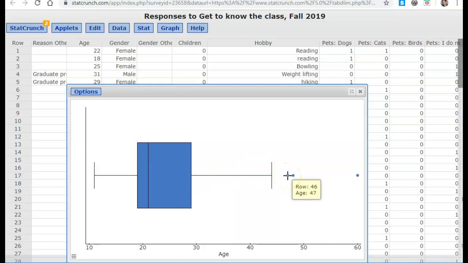We can see that the individual age 47, an individual age 48, and an individual age 60 are all outliers.